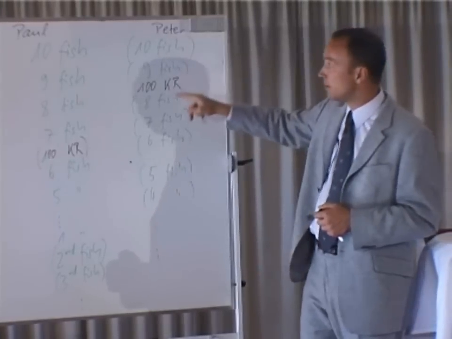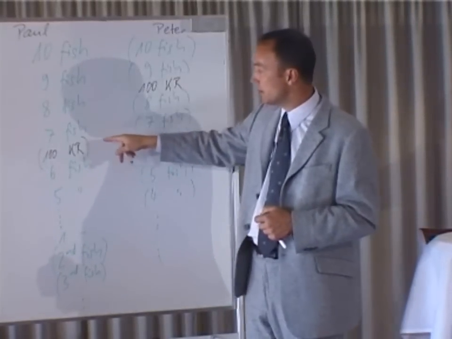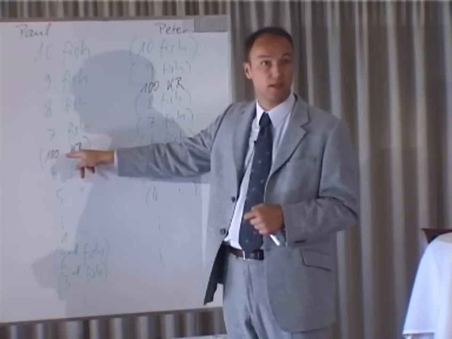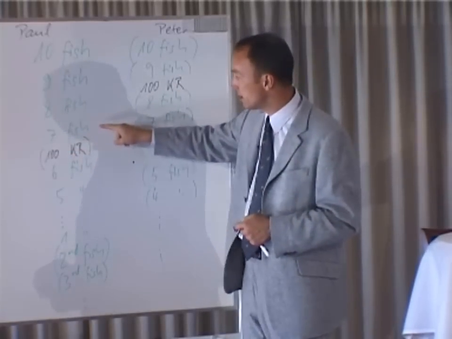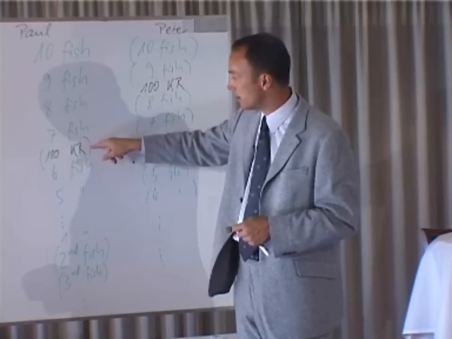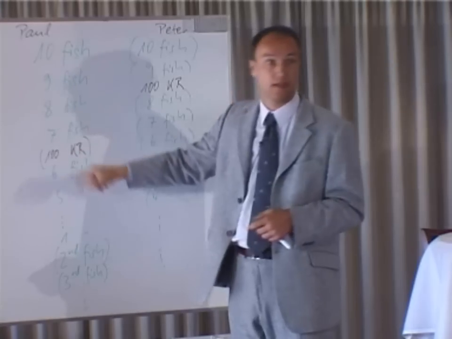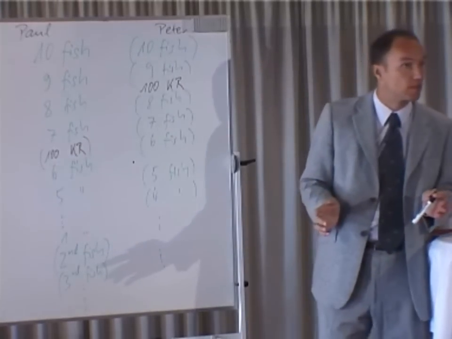But Paul, who is a fish owner, will not give him this amount of fish for a 100 corona bill, because anything upward from 7 fish is more important to him than the 100 coronas.